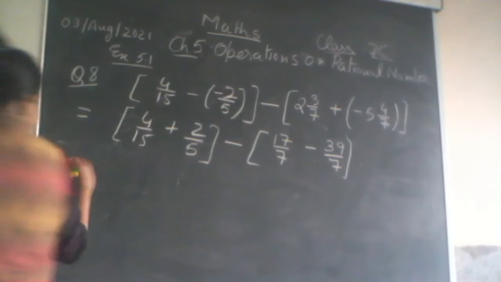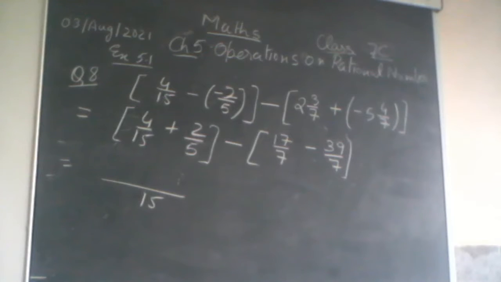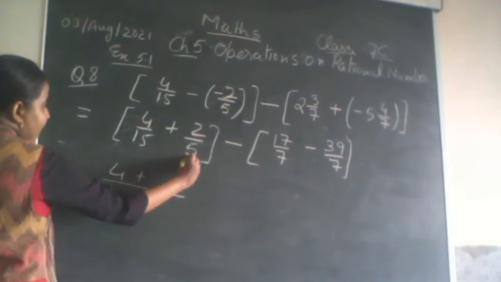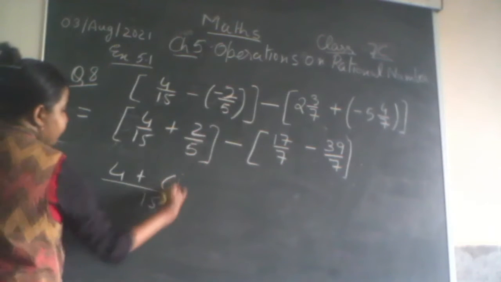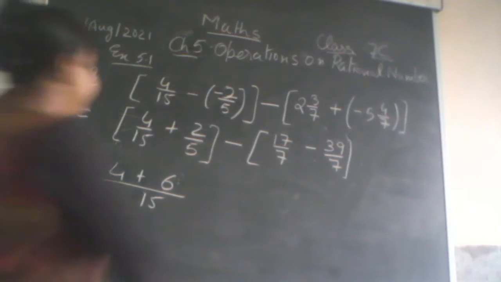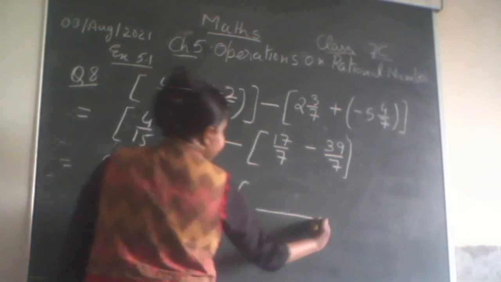Now, LCM here is 15. So I'm doing it directly. 4 into 3, 5 into 3 is 15, 3 into 2 plus 6. Am I correct or wrong? Ma'am, correct. Okay, square bracket closes here. Minus. Again 7 is the LCM.